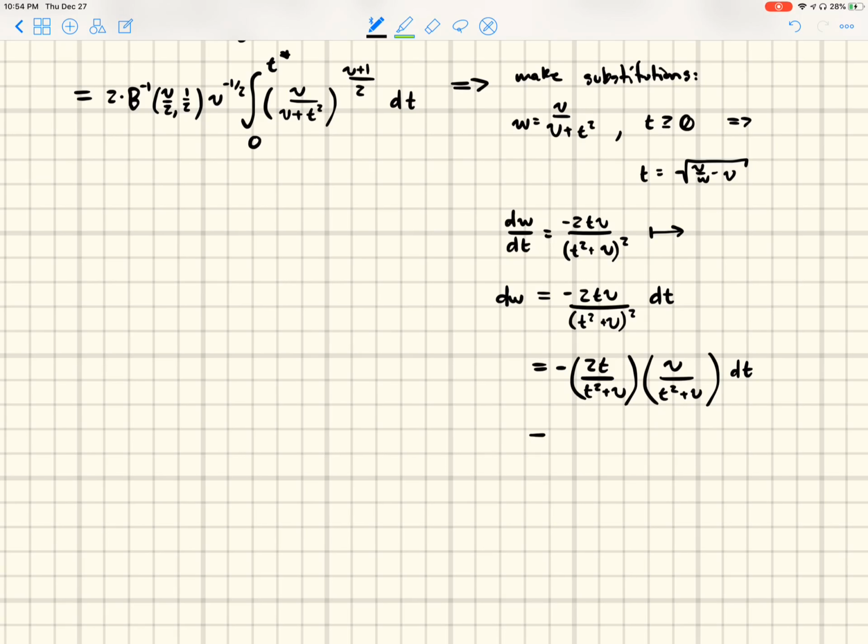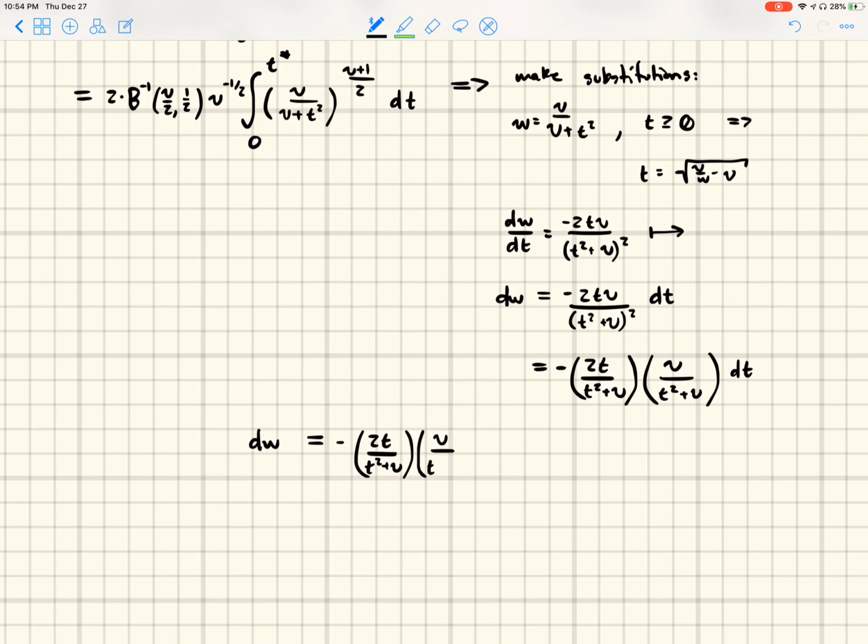which we can rewrite again in various ways, and we can write that dw is equal to negative 2t over t squared plus v, and then we can always multiply by 1, so we'll do that here.